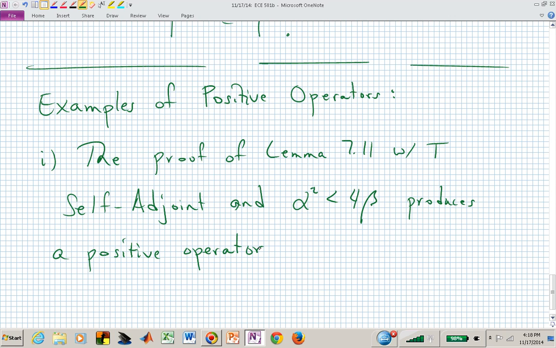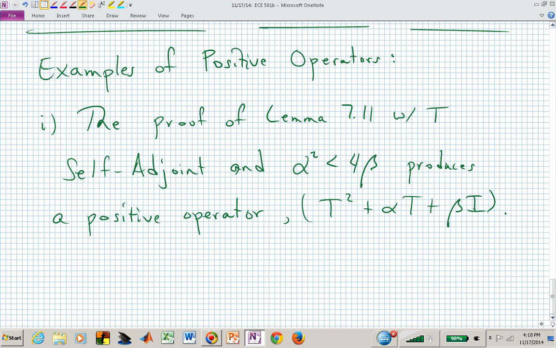Those produce a positive operator given by T squared plus alpha T plus beta I. That linear combination of T squared plus alpha T plus beta I is a positive operator.